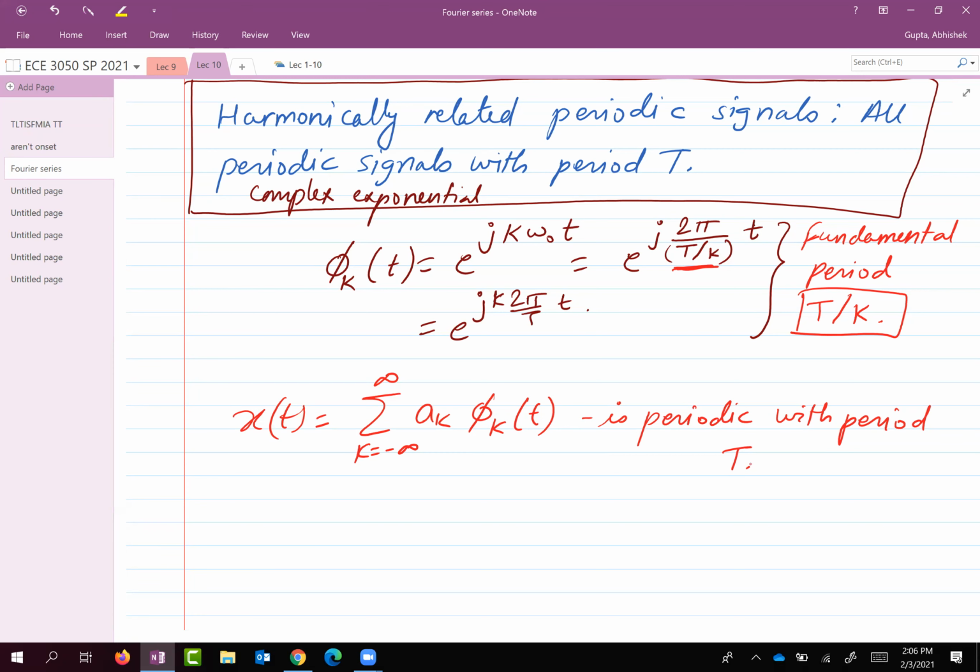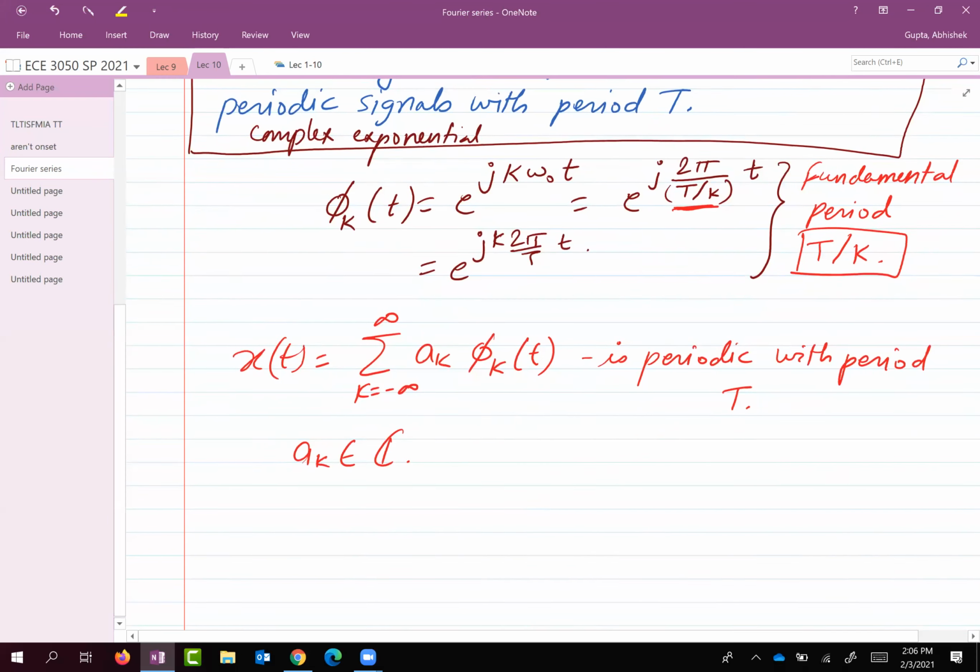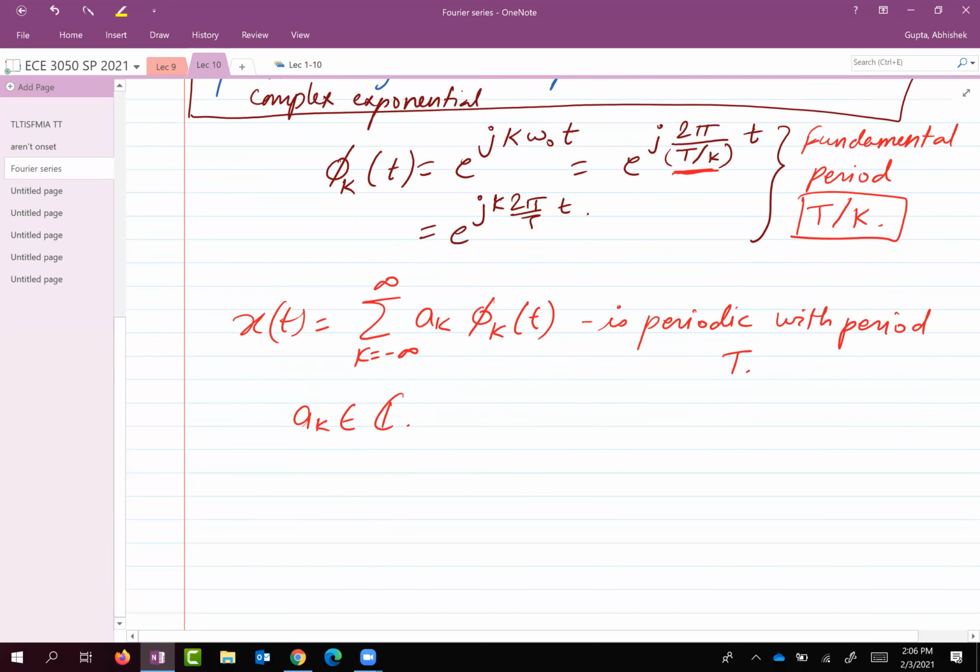These aks are complex numbers. So each of these ak belongs to the space of complex numbers. I just want to place a note here that phi0 of t is actually a constant signal.